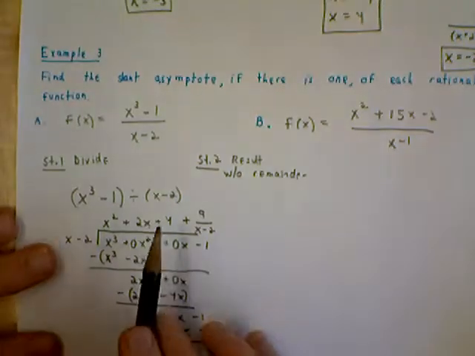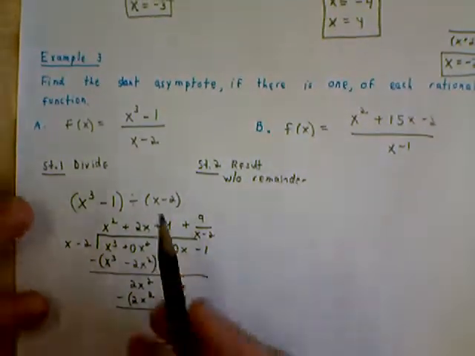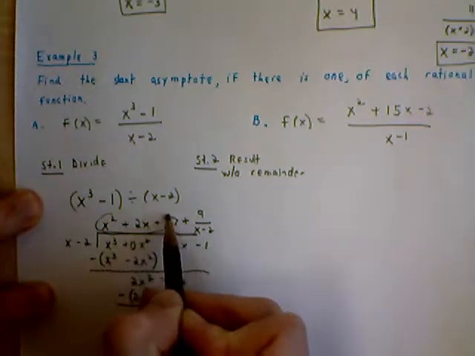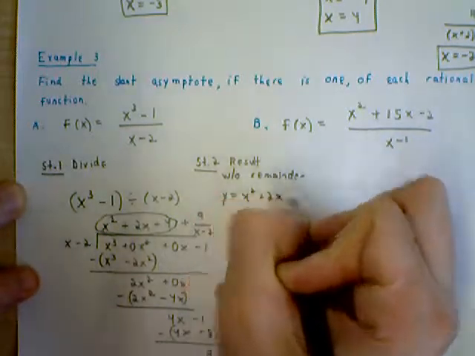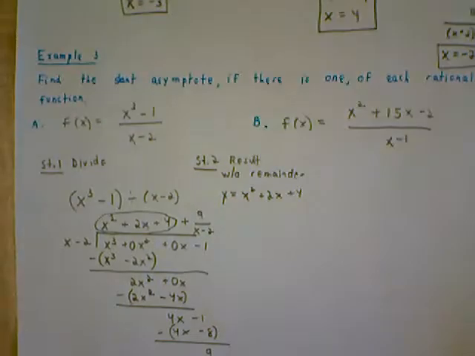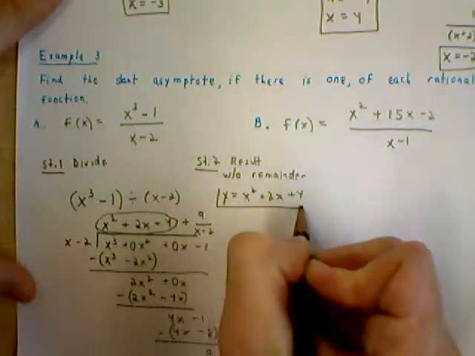So I ignore the remainder. That's the 9 over x minus 2. This right here is my slant asymptote. All right. Go ahead and box my final solution.